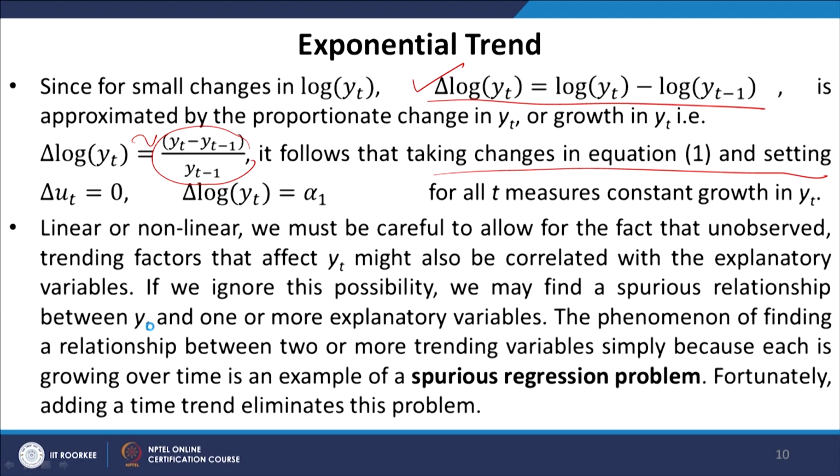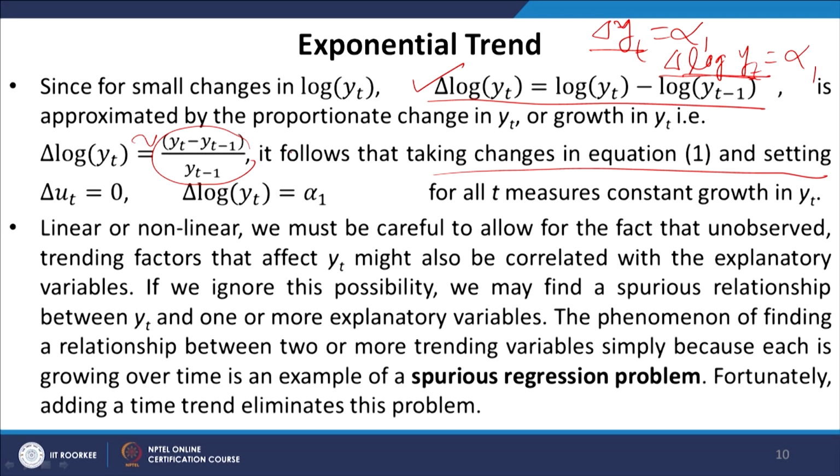So, earlier, when we were considering a linear trend, now look at the difference, our delta yt was equal to alpha 1. When we are considering an exponential trend, then delta log yt is equal to alpha 1. And what does it imply? Delta log yt is not equal to delta yt.